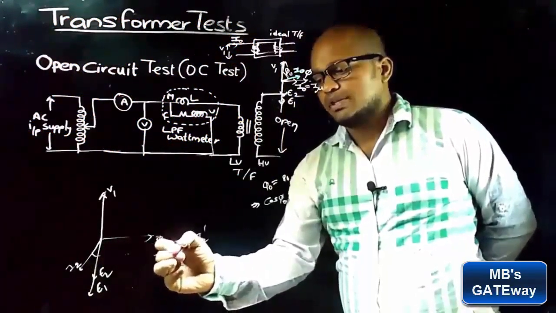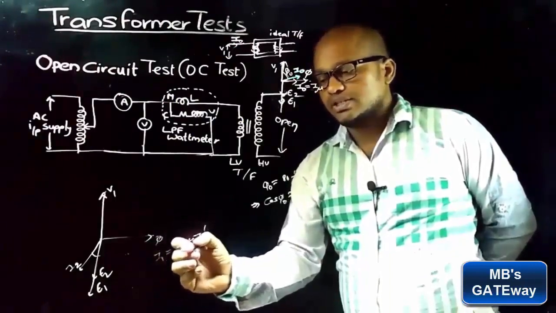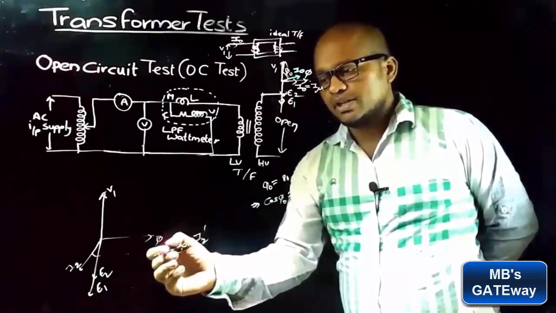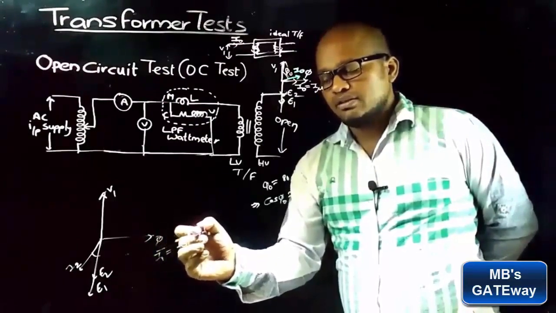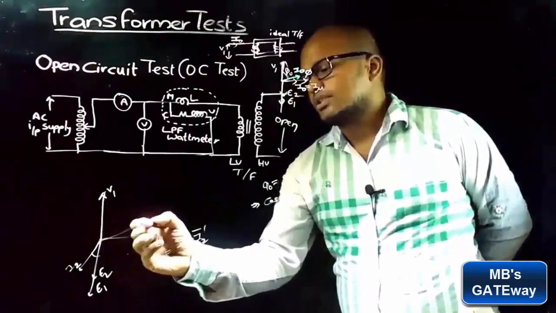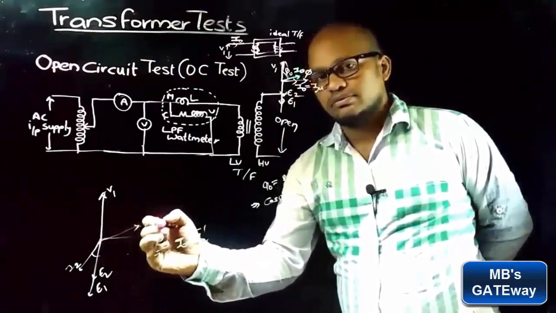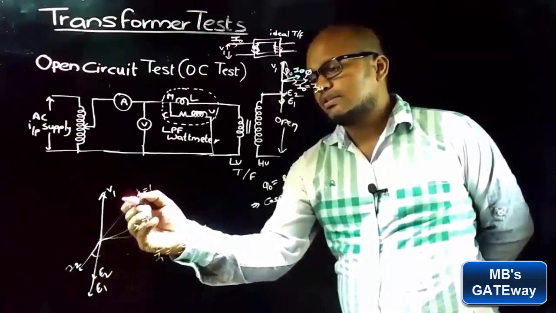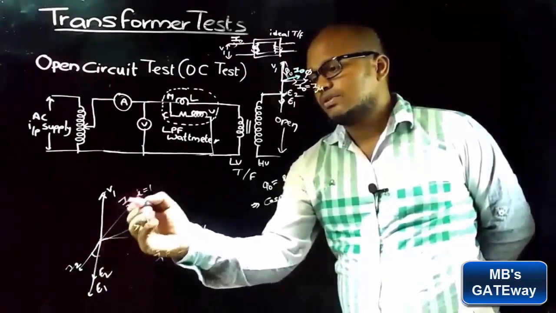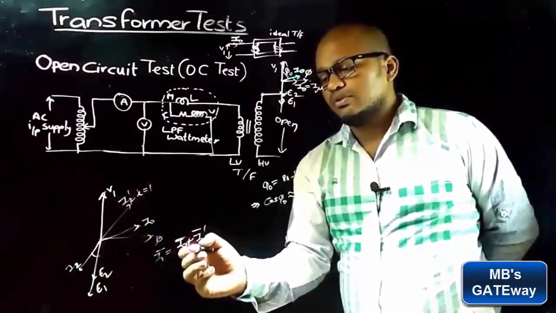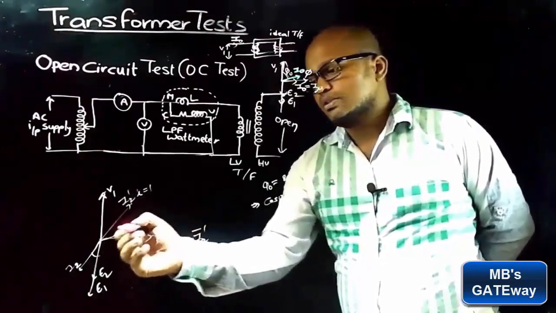So now the primary current when load is connected is equal to I0 plus extra current I2 dash, which means the primary current I1 is the vector sum of I0 and I2 dash. As it is known that I0 is here, and if k is equal to 1, I2 dash will be exactly opposite to I2.